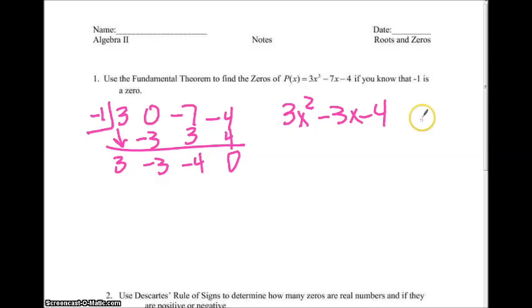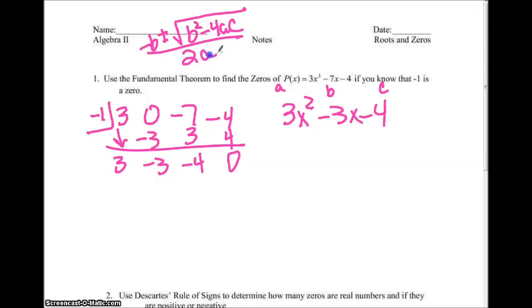You could find the factors of 12. You could use the quadratic. I'm going to use the quadratic on this one. So remember, this is my a, this is my b, and this is my c. Quadratic is negative b plus or minus the square root of b squared minus 4ac all over 2a.